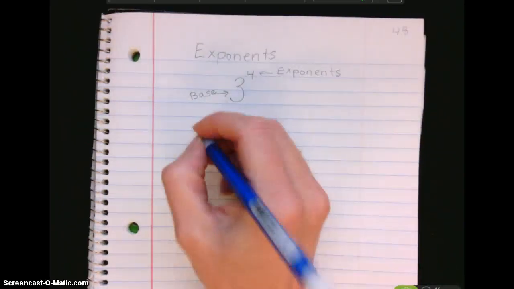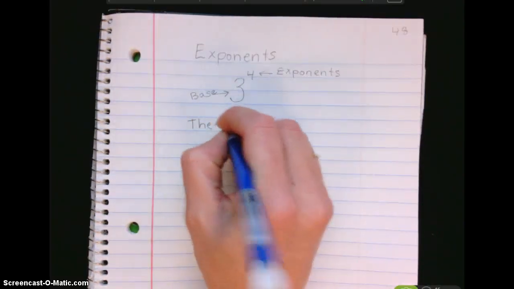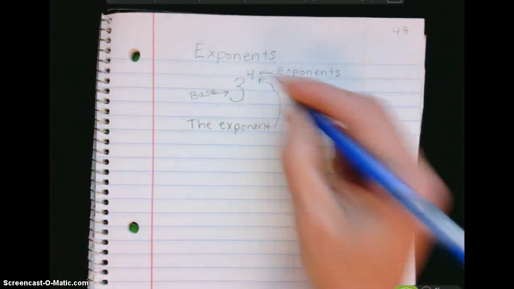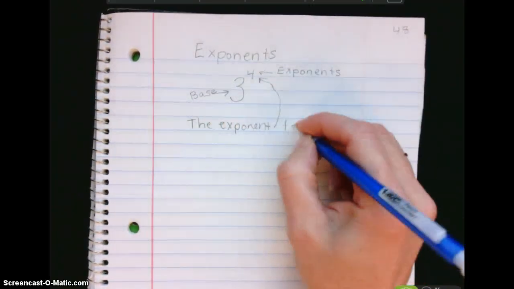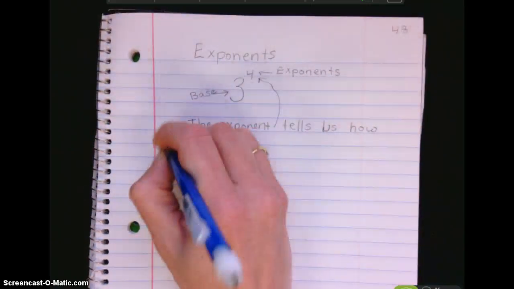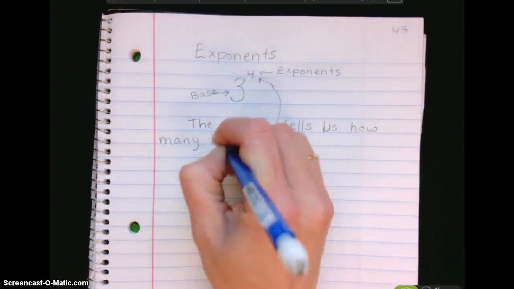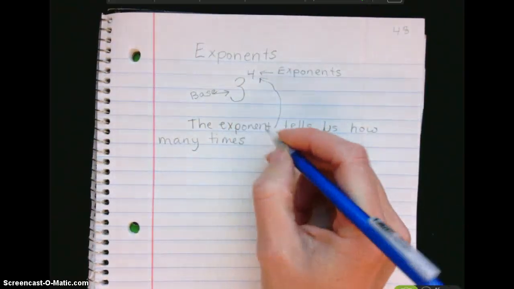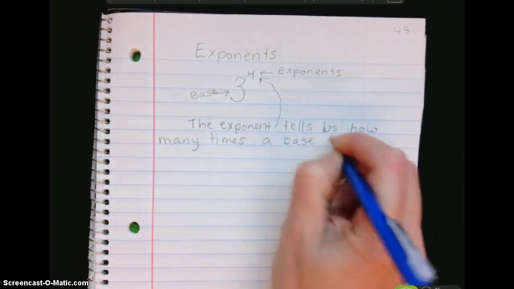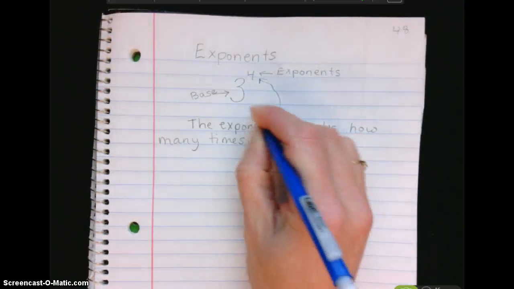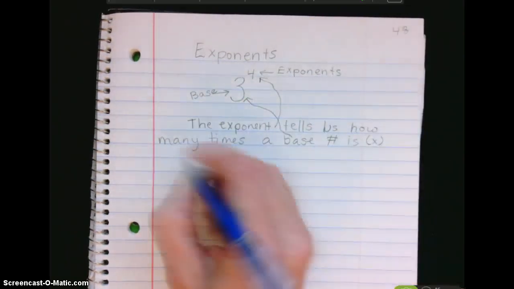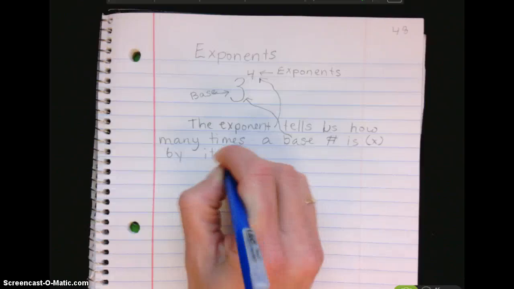Now, the exponent, our little number up here, tells us how many times a base number, which in this case is 3, is multiplied by itself.